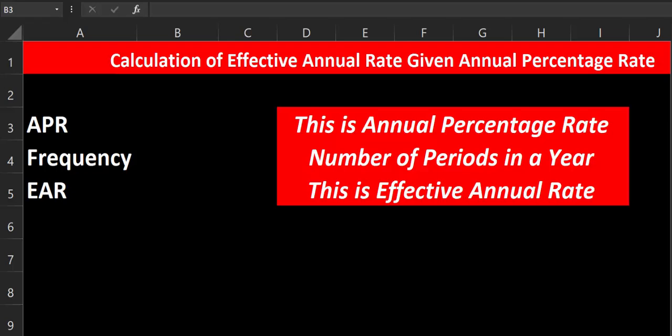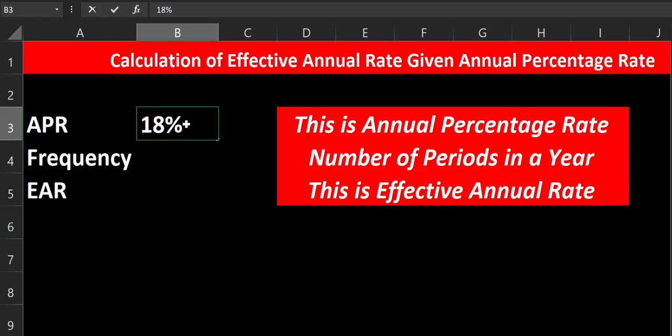In this short video, we're going to learn how to convert an APR, given the frequency of interest compounding, into an effective annual rate and vice versa. Let's say you have a credit card that is going to charge you 18% interest.